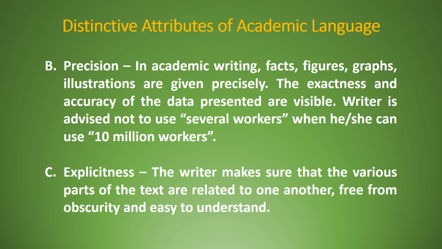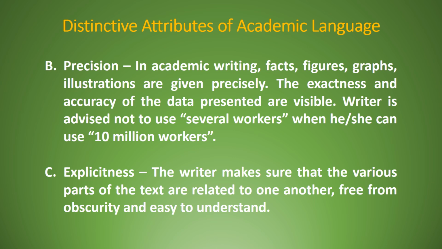The second one is the explicitness. The writer makes sure that the various parts of the text are related to one another, free from obscurity and easy to understand. There are some writers who are using more complex sentences or compound-complex sentences, wherein they can make it very simple, direct to the point.